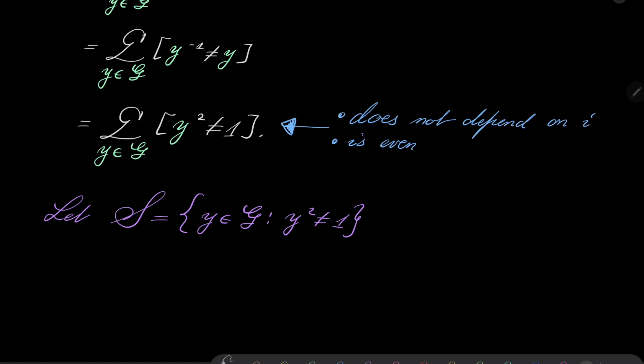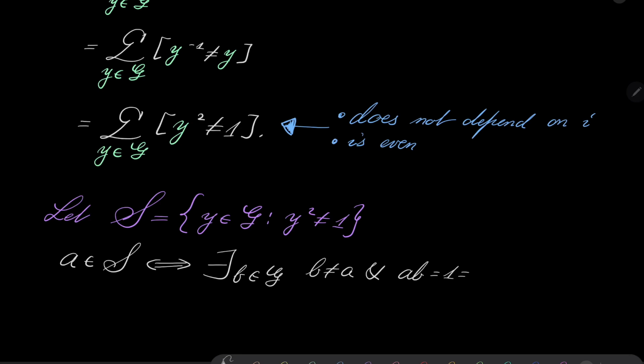So notice that A belongs to S if and only if there is B in our group such that B is not equal A and AB equals 1 equals BA. So notice that these numbers A and B can be paired. We can take A from this set and B from this set, and they are different.